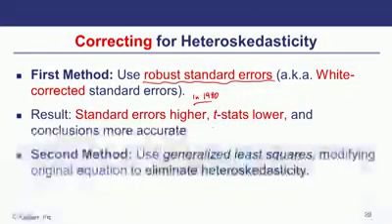Now remember, the standard errors that arose in conditional heteroskedasticity were too low. So what White essentially does to them, without going into the calculus, is inflate them.